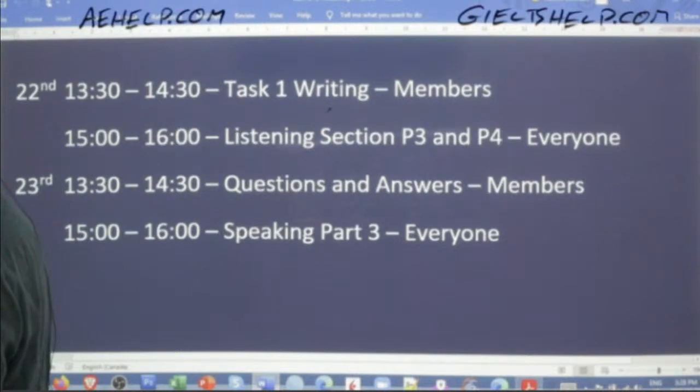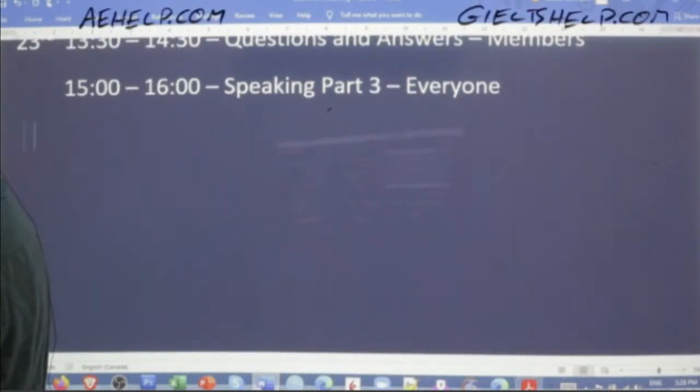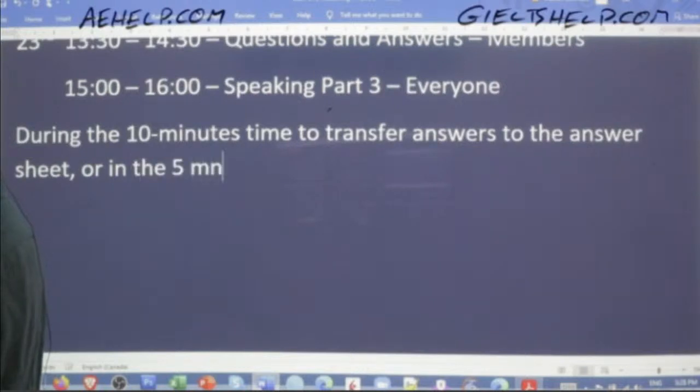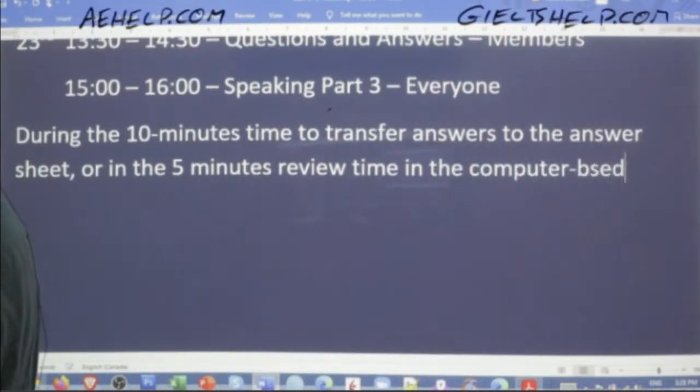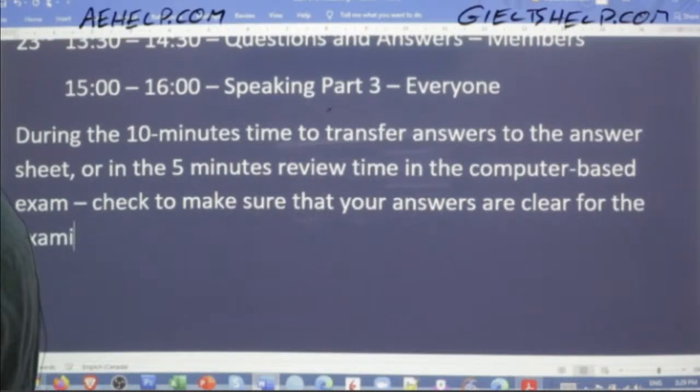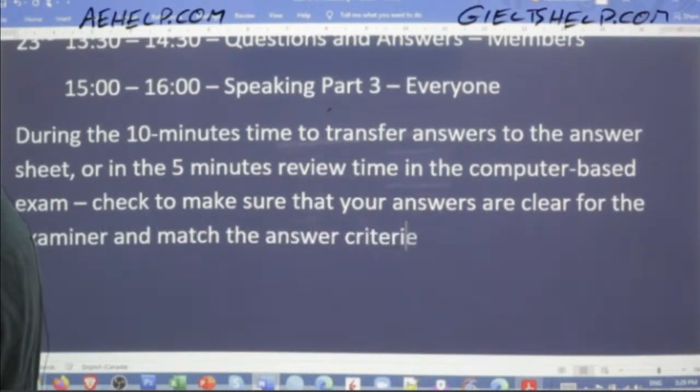Okay? So during the 10-minute time to transfer answers to the answer sheet, or in the 5 minutes review time in the computer based exam, check to make sure that your answers are clear for the examiner and match the answer criteria, like 1 or 2 words.